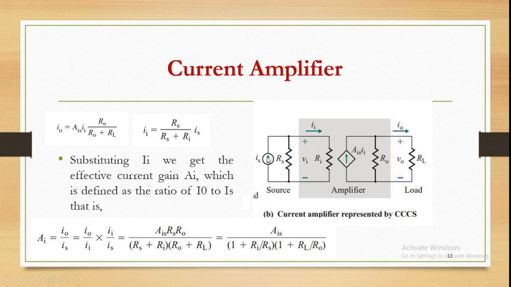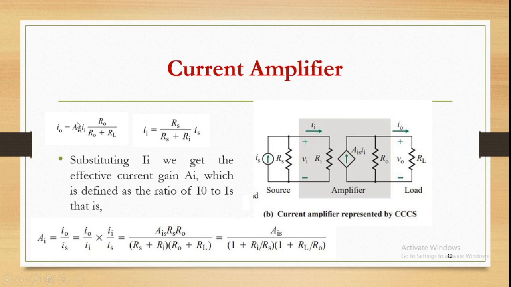As with the voltage amplifier, the effective gain AI can be calculated for the current amplifier, which is nothing but the ratio of output current to input current, I0 upon Is. As Is is available in the equation of Ii, we can make some modification. Ii is multiplied and divided, so it becomes I0 upon Ii into Ii upon Is.